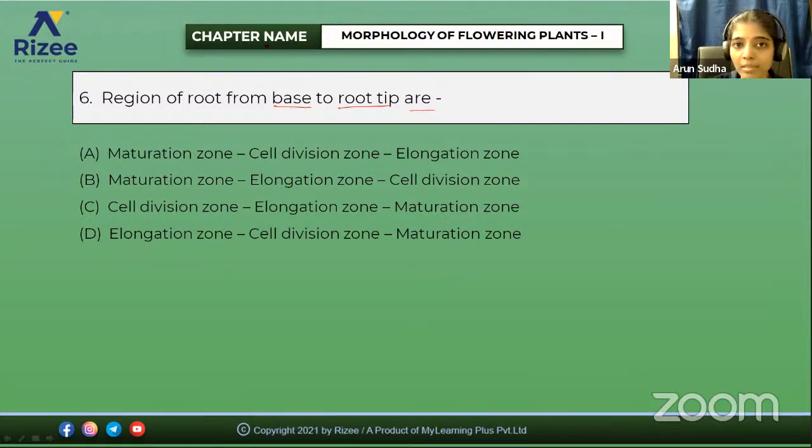Also see what they asked: from base to root tip. So before answering, read the question properly, then answer. Yes, it is option B, correct. From the base, first is the maturation zone, then elongation zone, then cell division zone. So B is the correct option.